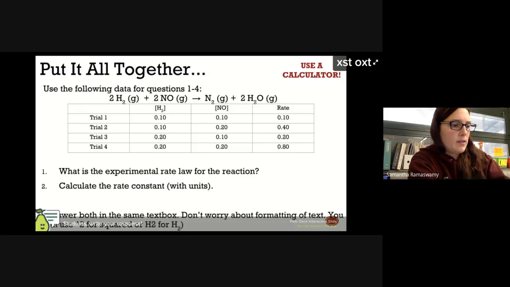So again, in order to write your rate law, you need to look at how everything is changing. You want to look at one reactant at a time.